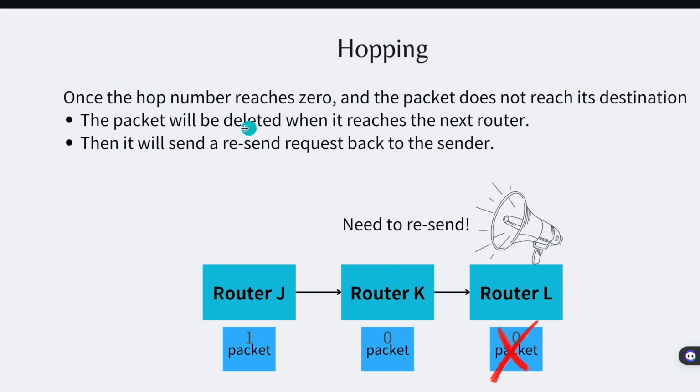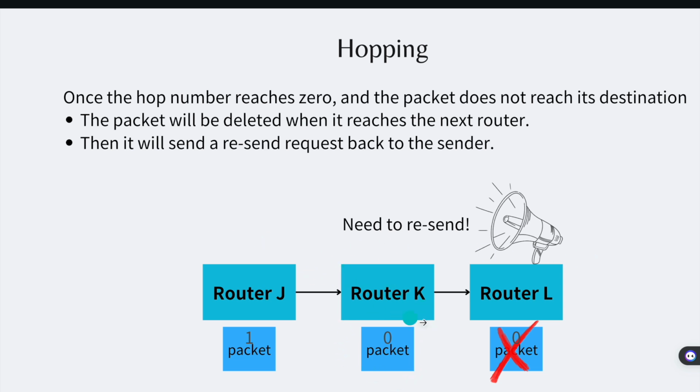And what happens when the hop number reaches 0? When the hop number reaches 0 and the packet does not reach its destination, then the packet will be deleted when it reaches the next router. Then the next router will send a resend request back to the sender.